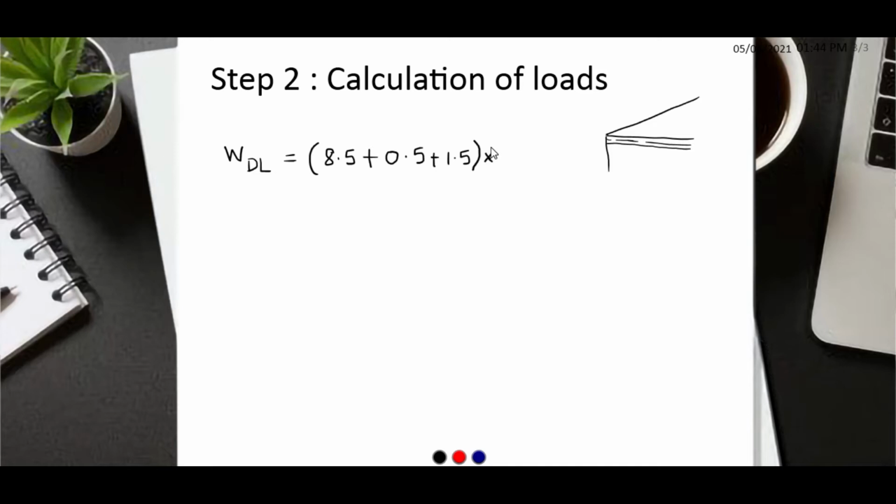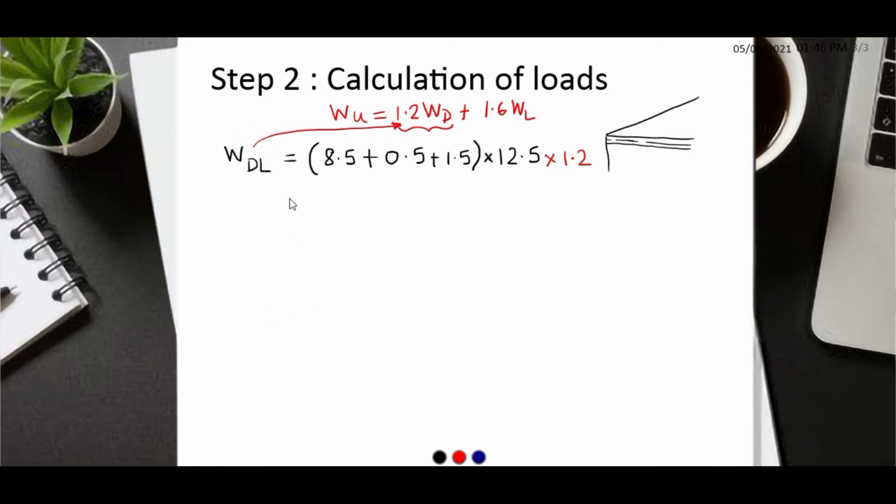Unit weight of concrete, we are assuming, is 12.5, and we need factored dead load, so times 1.2, because 1.2 is the factor for dead load combination, because you remember WU is 1.2 times dead load plus 1.6 times live load. This whole is WDL.